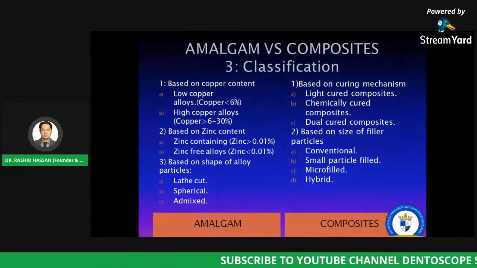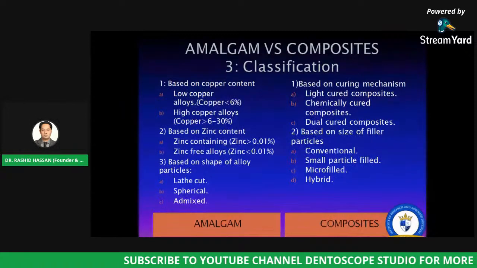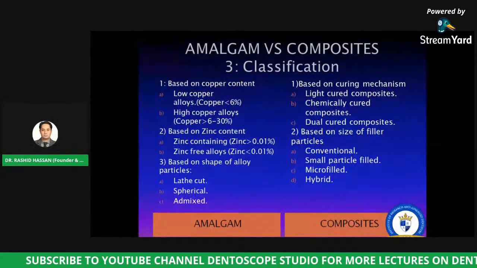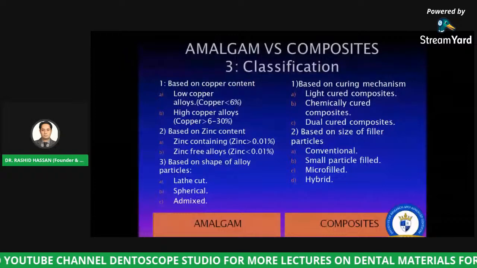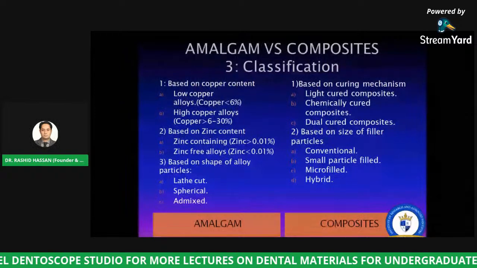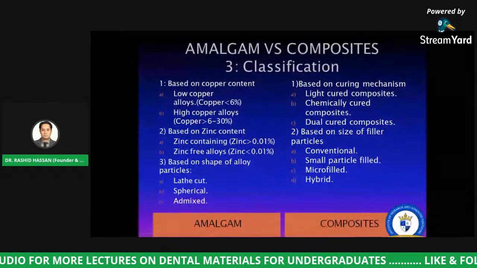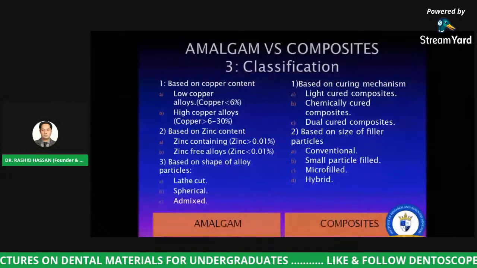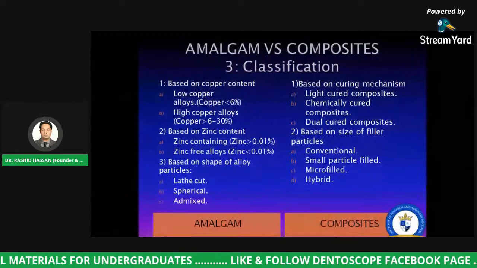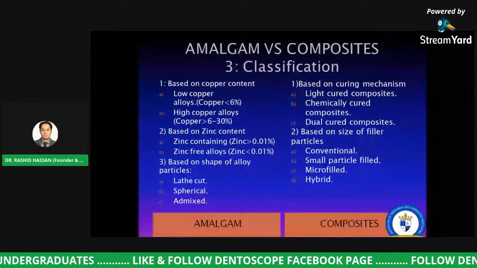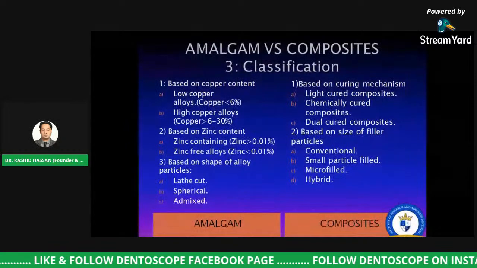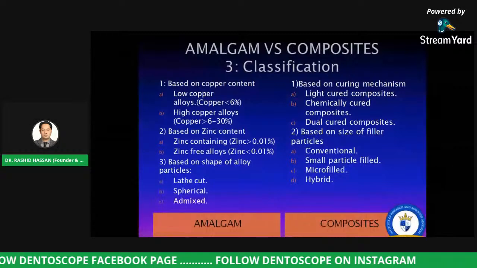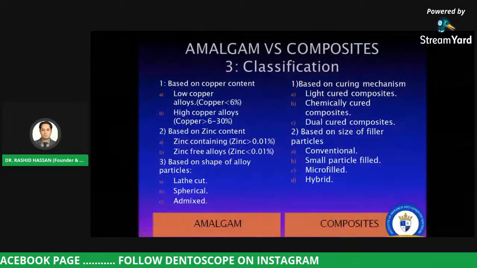Now let's come to the dental composite. Based on the curing mechanism, we can classify dental composite into light cured composites, chemically cured composites, or dual cured composites. The difference is in the chemical composition.